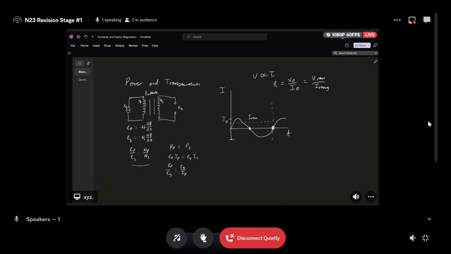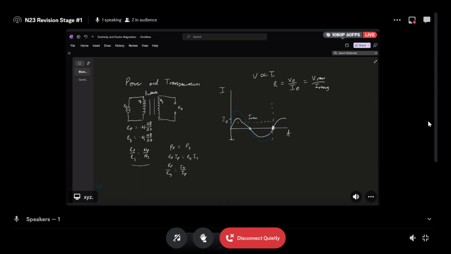Power, on the other hand, the average power, since current and voltage are proportional, what you'll get when you multiply, okay, I'm going to try drawing it in the voltage graph in another color. So we'll get the voltage that looks like this.